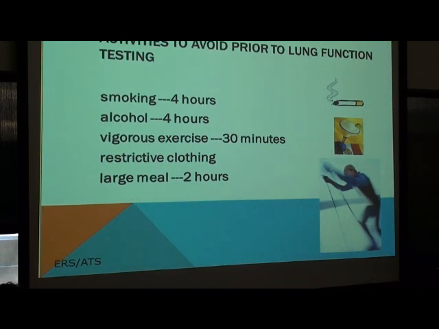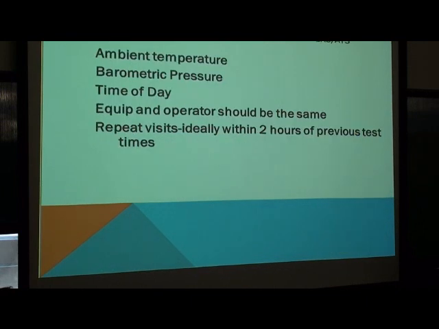So 4 hours from alcohol and smoking, 30 minutes from vigorous exercise, restrictive clothing, and a large meal 2 hours before testing. Particularly in the patient group of COPD, particularly advanced COPD, you shouldn't have to worry about it too much. They tend to avoid large meals anyhow because it is uncomfortable. If the diaphragms are hyperinflated, the position of the diaphragm makes large meals uncomfortable to begin with.